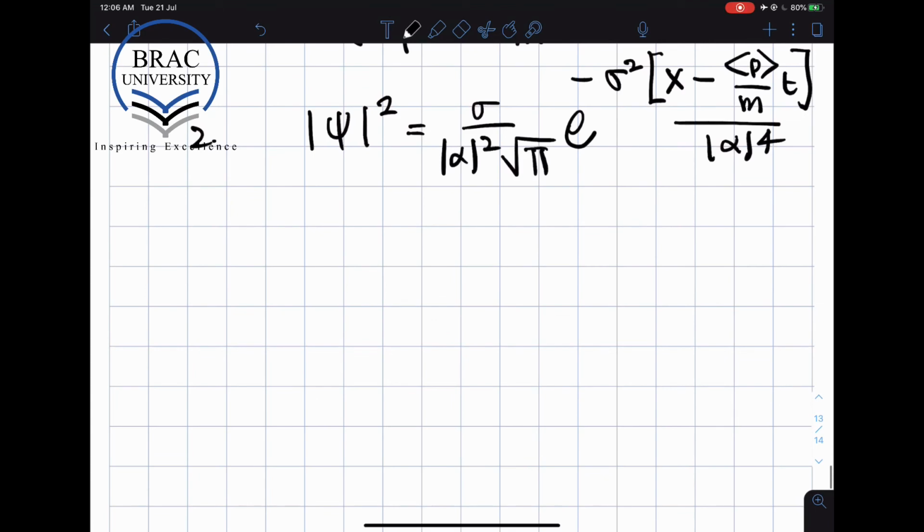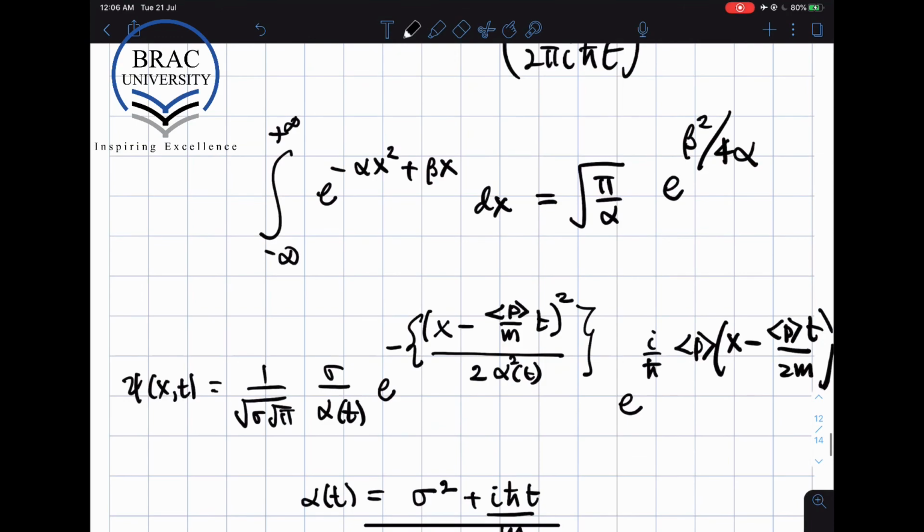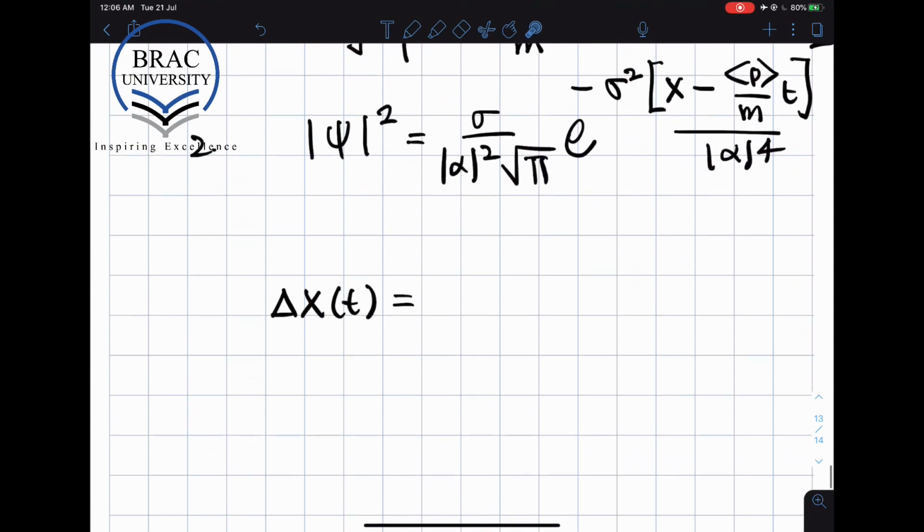All right, and now what we can do is compute what the expectation value is as a function of time. So we can use this wave function and compute it.